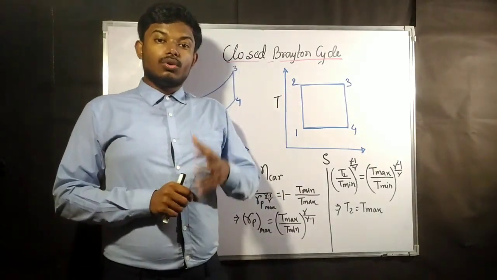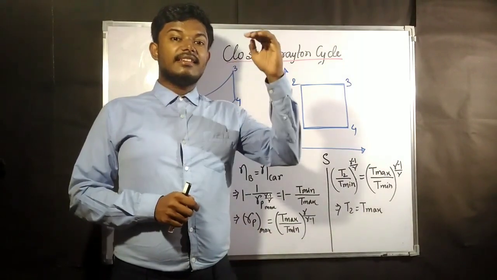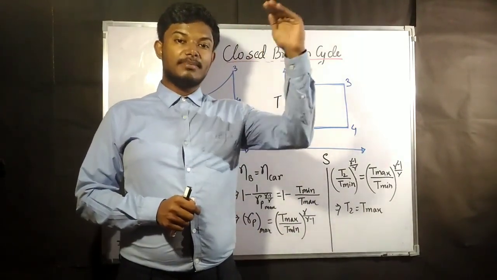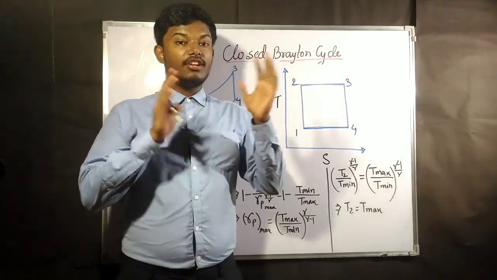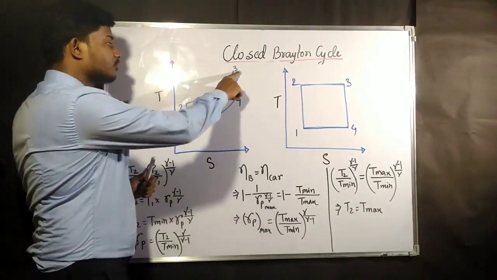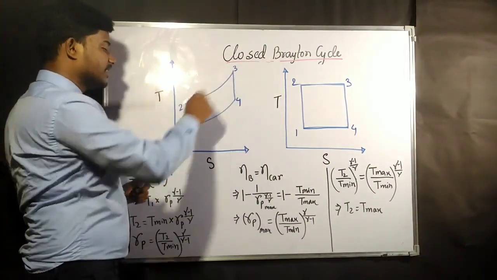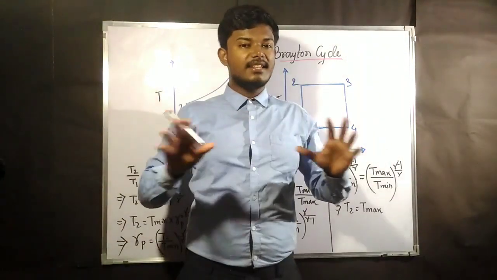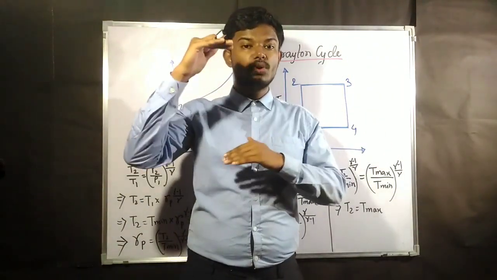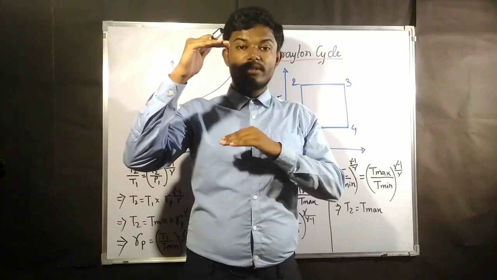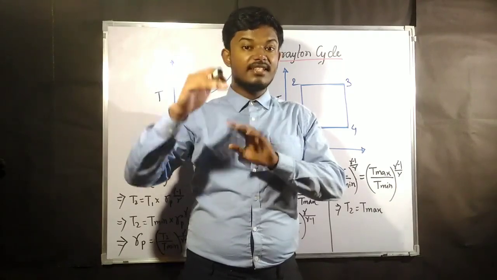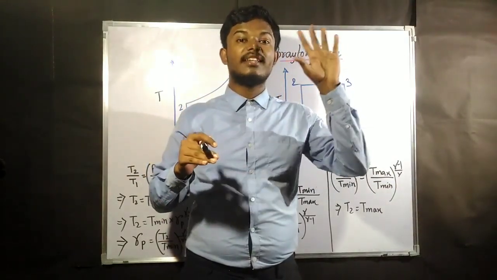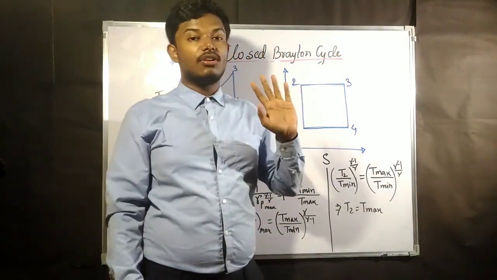Okay, while any engine is acting between two temperature limits, suppose this Brayton cycle is acting between T3 and T1, there are two temperature limits. Any engine or any cycle acting between two temperature limits, its efficiency is never going to be higher than the efficiency of the Carnot engine.